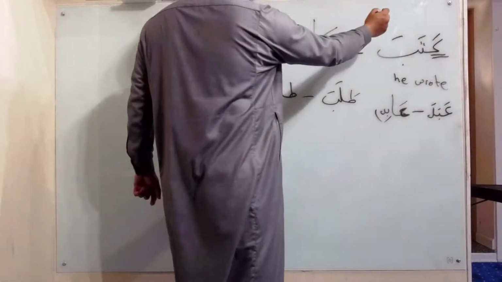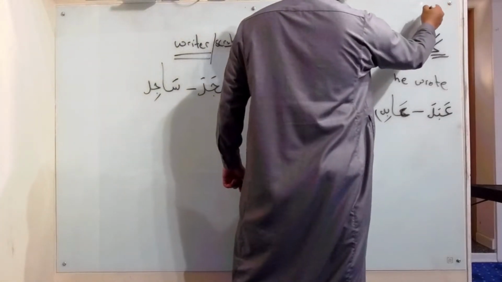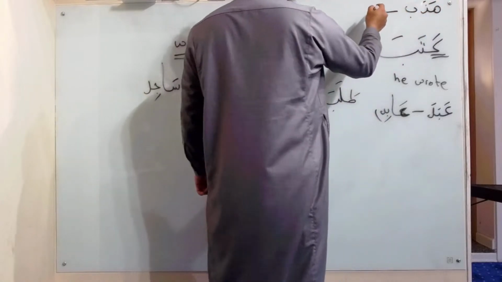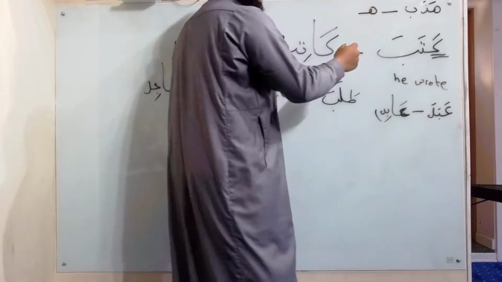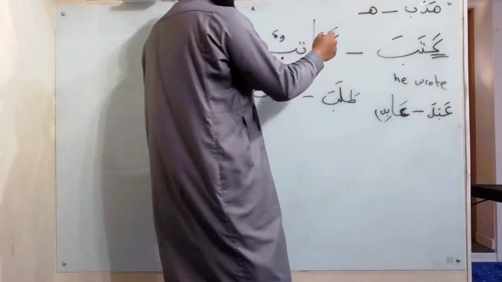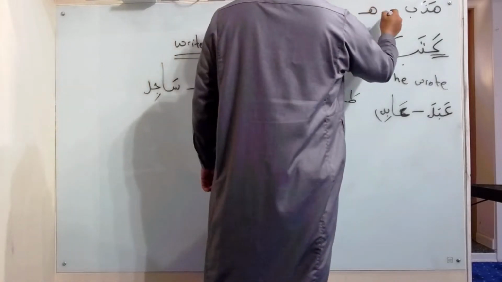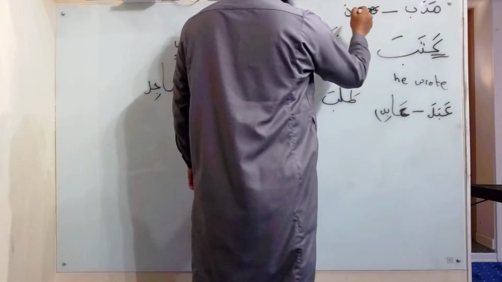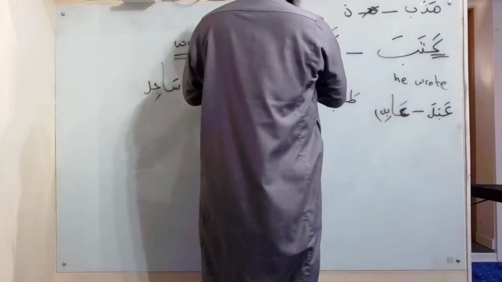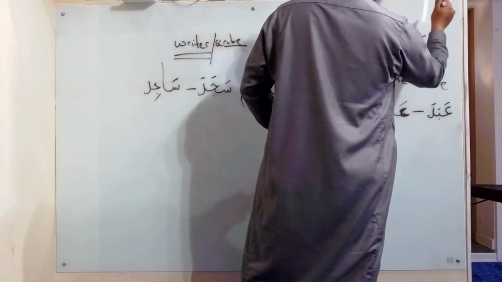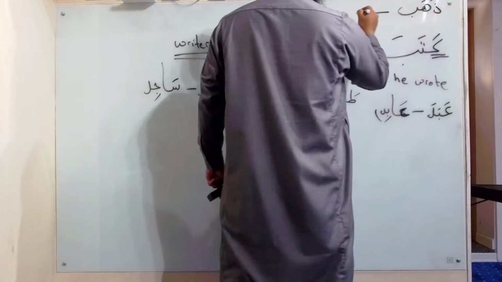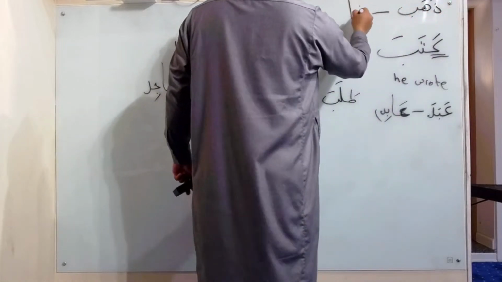Dhahaba. Dhahaba means what? He went. So the person who is going, the goer, right? Went is the past tense for to go, right? They're going to be, what do we put? That's why I'm writing it wrong. Dhahaba. He went. So it's going to be dhahib.